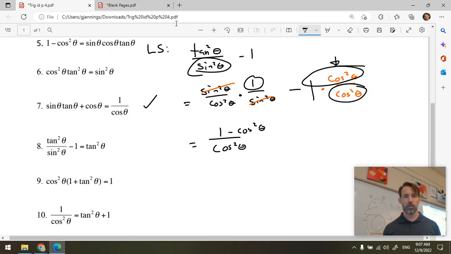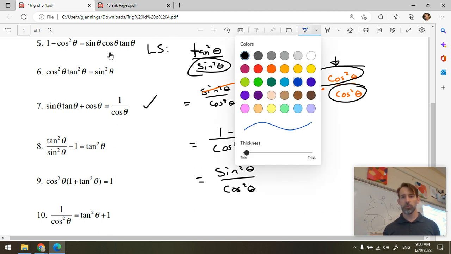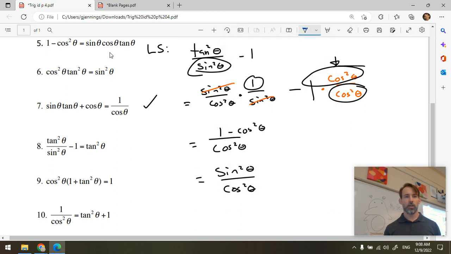Okay, so let's keep going. So that equals sine squared theta over cosine squared theta. And you might say, well, that just equals tan squared theta. Or you might also do some work. I would prefer doing work on the left side as well. Maybe I do that in the color blue. And I also work on the right side over here.